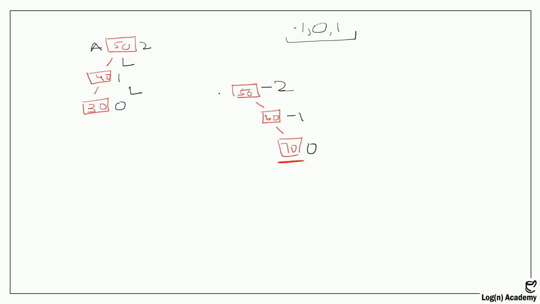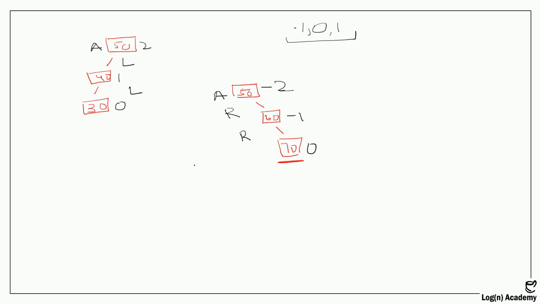So node 50 is the candidate to be marked as A, 60 is on the right hand side, and we have inserted 70 on the right subtree of the node A. So here we can apply our RR rotation.